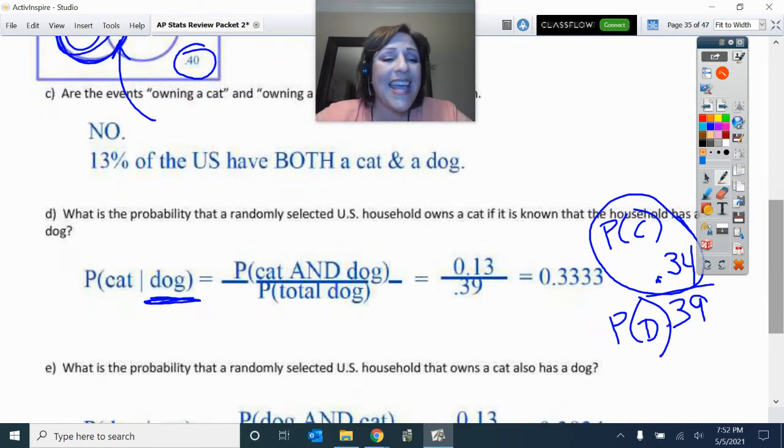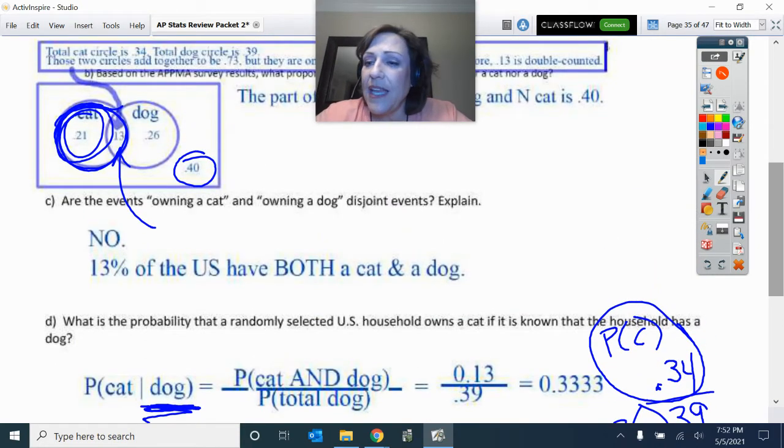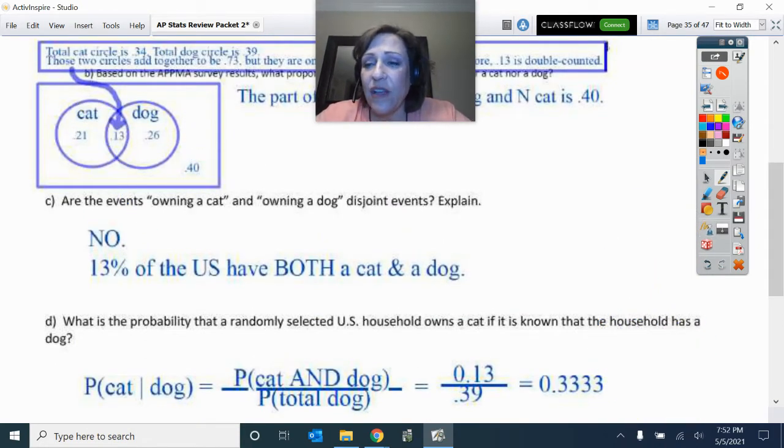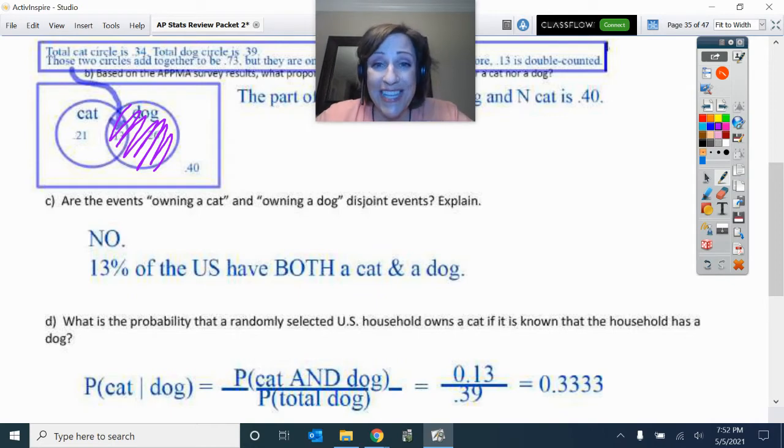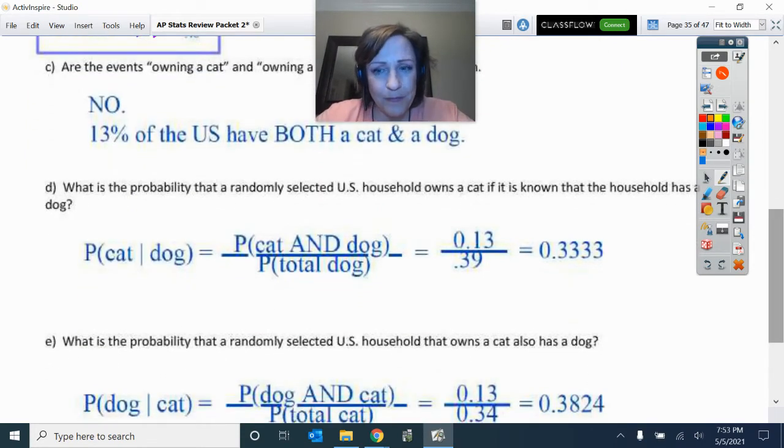So when you're saying, given that they have a dog, that's saying, out of this whole entire dog circle, out of that total 39%, what portion of that 39%? Don't you be counting that 21% over there of cat only. No. Of that, who also owns a cat? And that's that little section there. So that's the 0.13 out of the total 0.39.